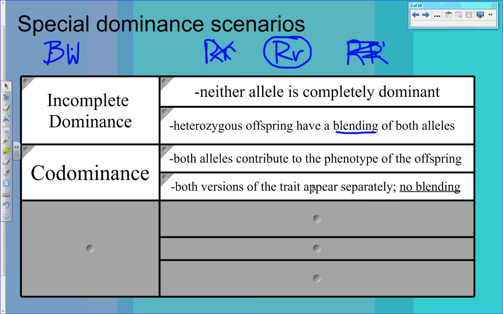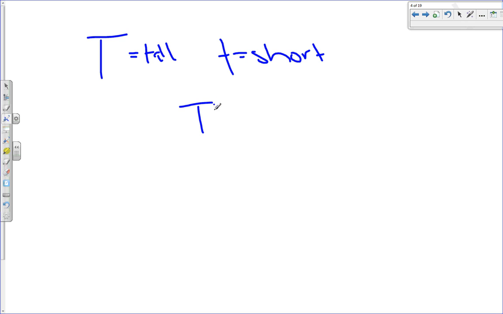So obviously, if you think about this, there's some traits that may not work for this. For example, in incomplete dominance, you could very easily look at, say, if big T is tall and little t is short, think about what an individual would be if they're heterozygous. If this is incomplete dominance, those are going to blend.